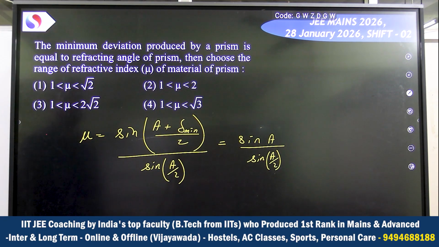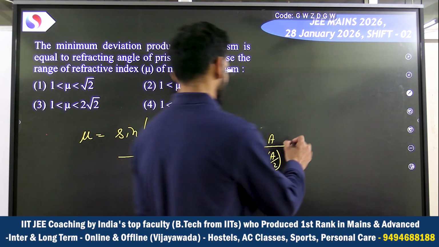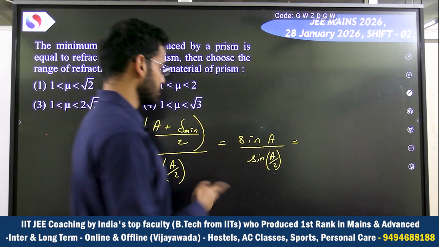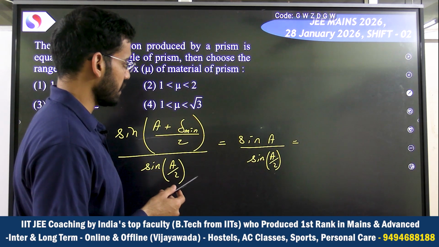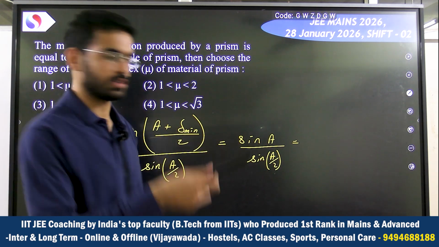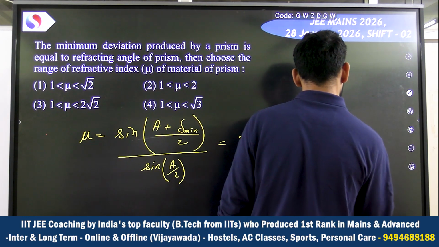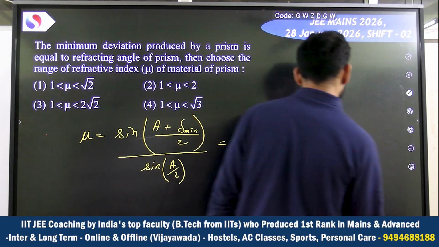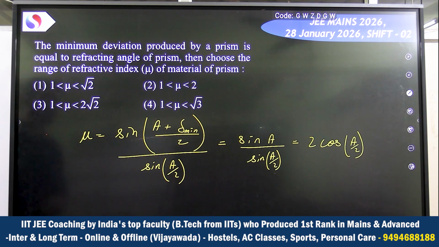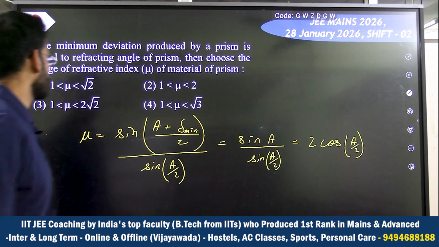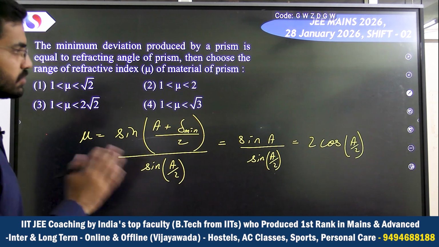Now the range of refractive index mu of the material of the prism. We can simplify sine A as 2 sine A by 2 cos A by 2, so sine A by 2 cancels out and we have 2 cos A by 2. More than this you can't simplify.